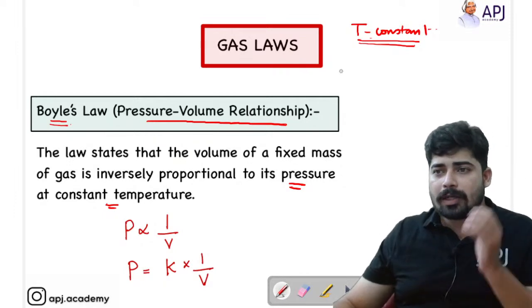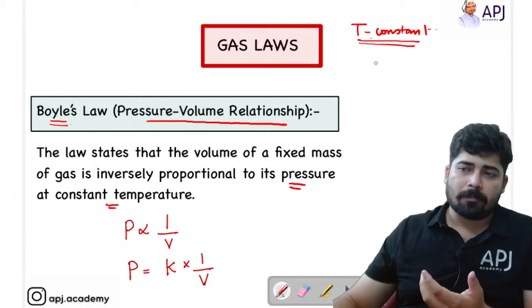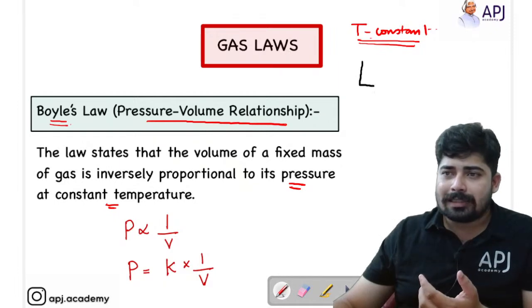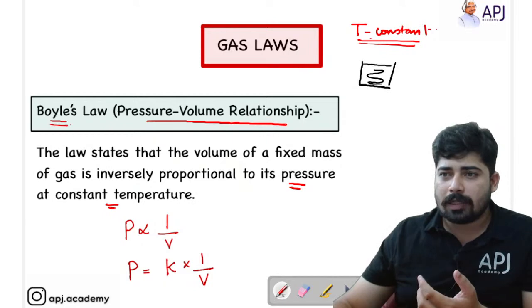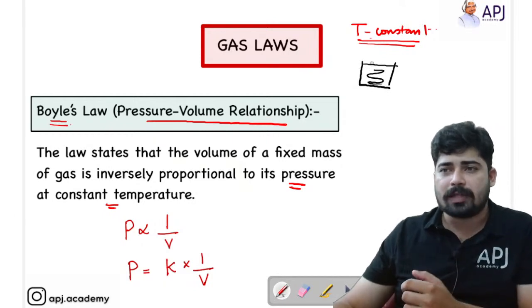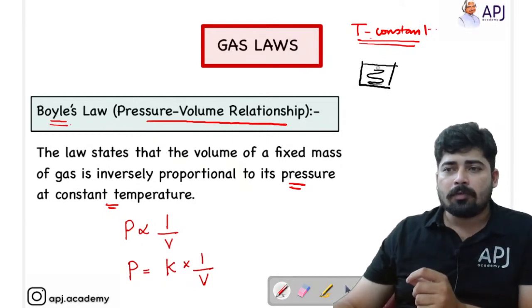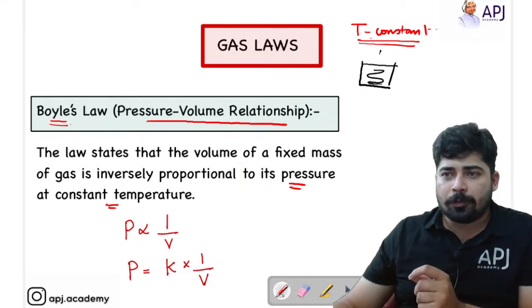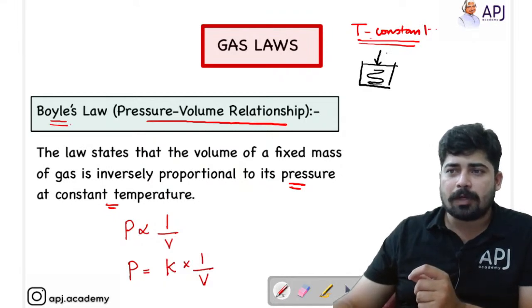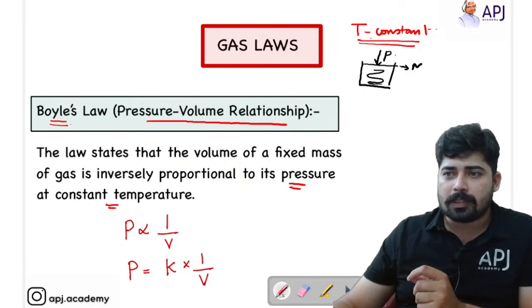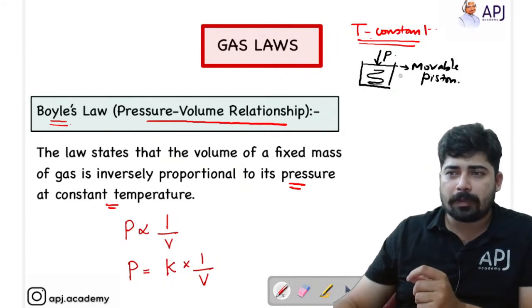So what is this law saying? If you take a fixed mass of gas in a container with a movable piston, and you apply pressure over the gas, what happens?